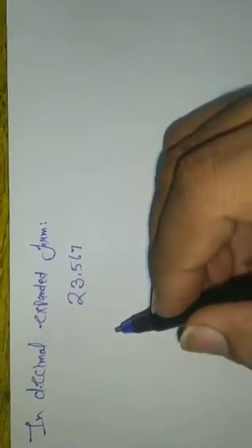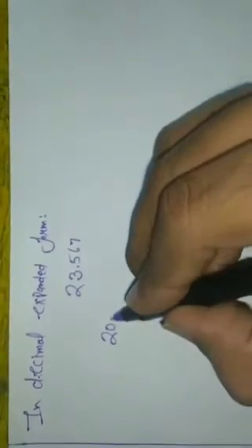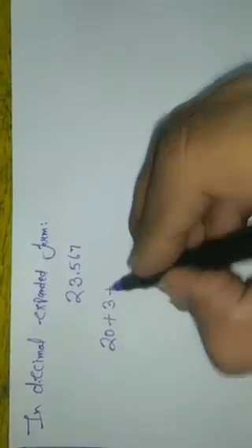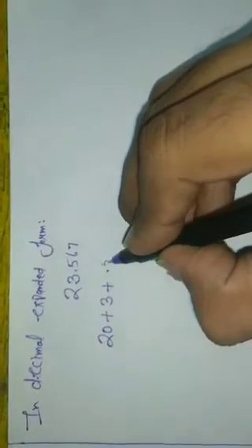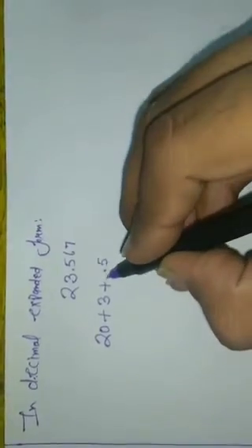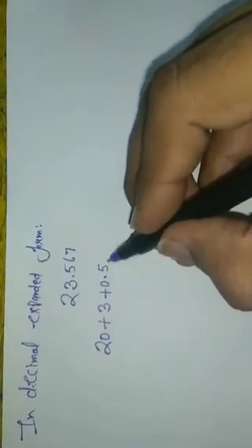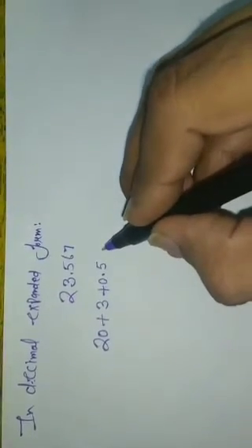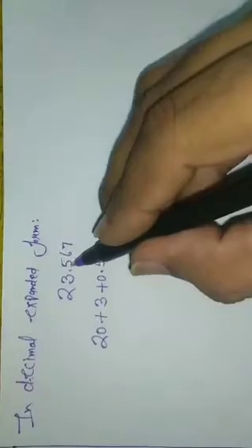On the basis of that you can write 23.567. 2 has been given in the tens place, so here we will put 20. Then plus 3. Then the decimal 5 you can put here as 0.5, because before the decimal there is no number, so you can put 0 here.